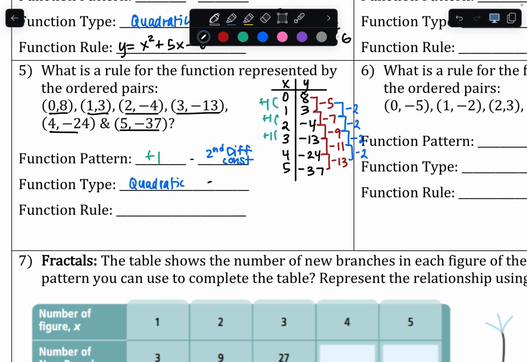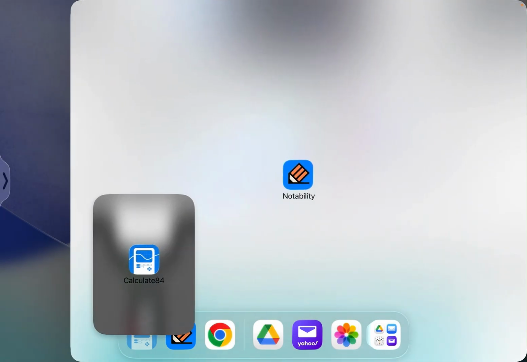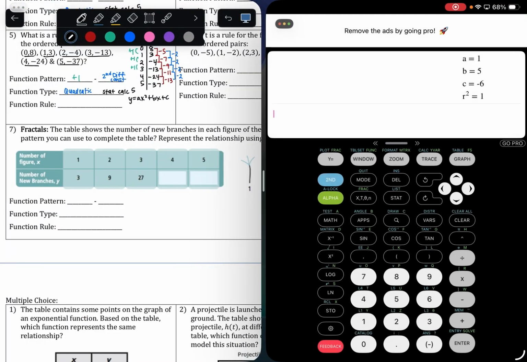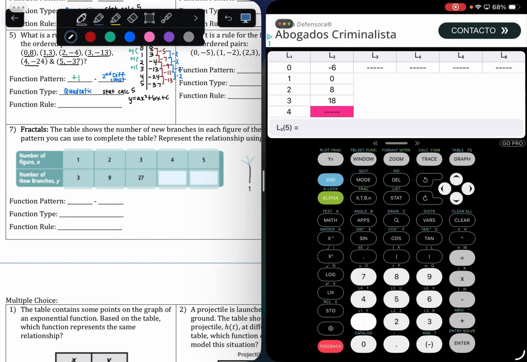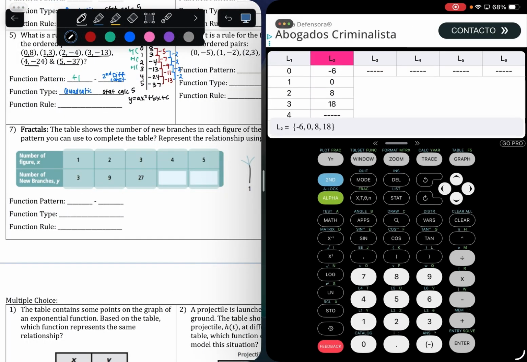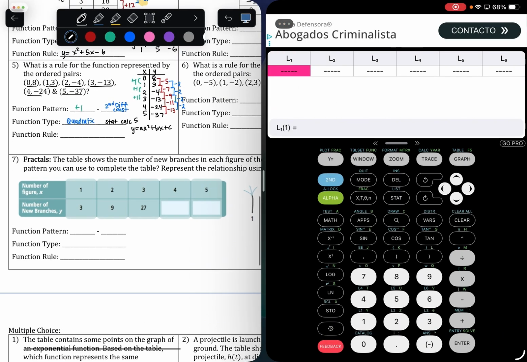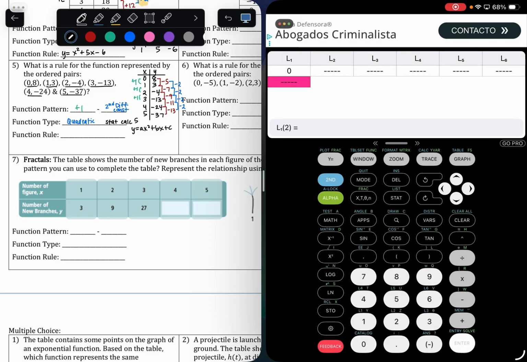Okay, and so then that tells you want stat, calc, 5 to give you ax squared plus bx plus c. So go to your calculator, stat, edit, go up and highlight L2, clear, enter, L1, clear, enter. And then we can type our table.